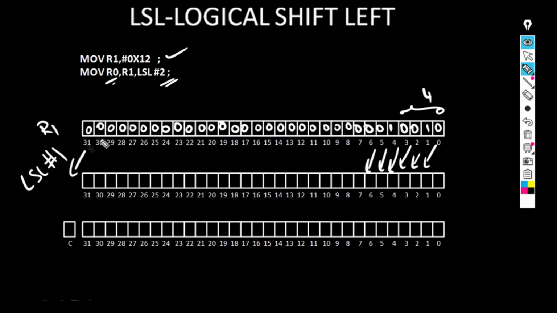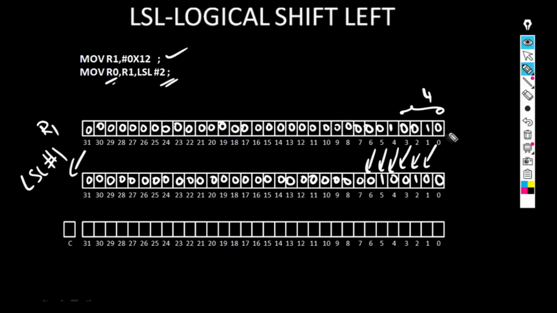As you know, if you shift this entire content towards the left, the last bit is shifted out. What about the 0th position? It's a vacant position, so since it is LSL, it will be filled with 0.